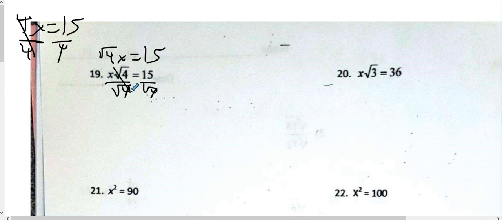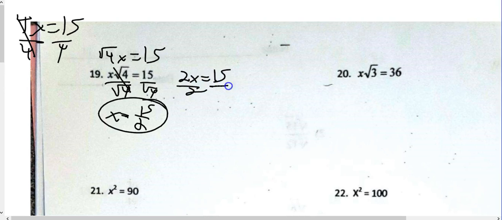That cancels. Now, you may not have recognized it yet, but radical 4 is simply 2. So that means the answer is 15 halves. If you did recognize it, you could have changed it right away and just had this equation, 2x equals 15. And you got no radicals at all.